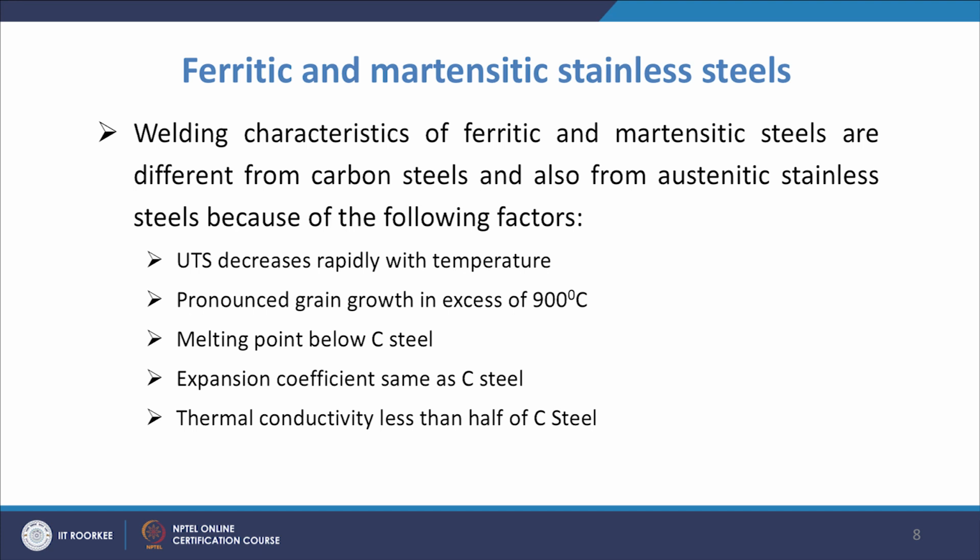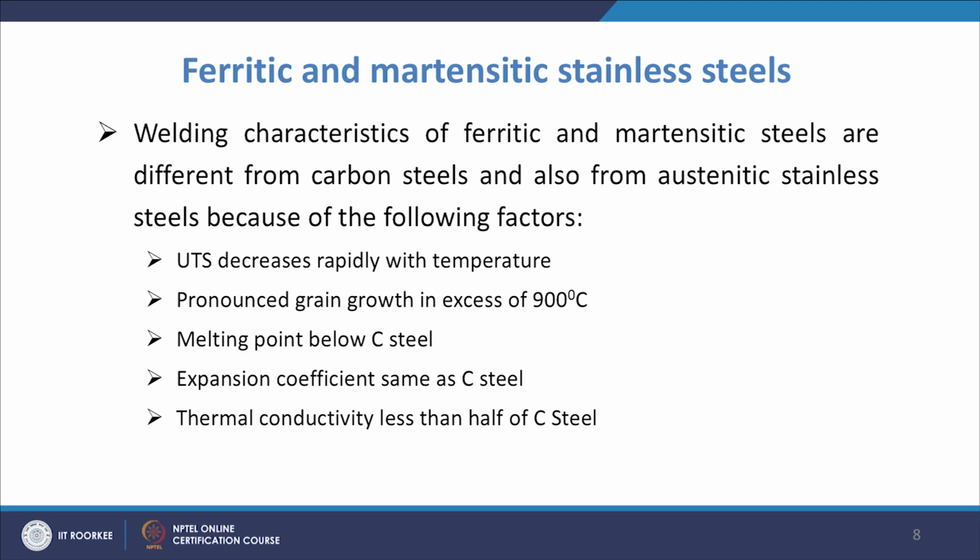There is a decrease in the UTS, ultimate tensile strength, more rapidly with temperature. Then you have pronounced grain growth when your temperature goes in excess of 900 degrees centigrade.